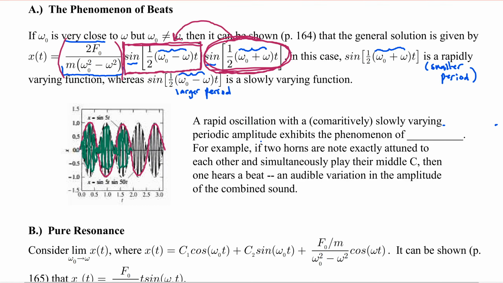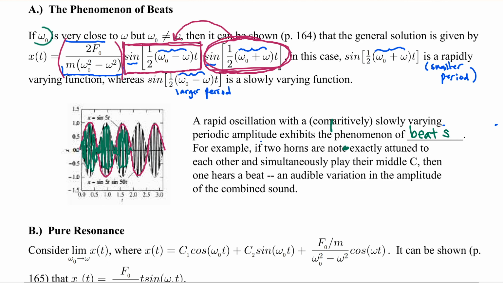Now, a rapid oscillation with a comparatively slowly varying periodic amplitude exhibits what we call the phenomenon of beats. The reason we call it beats is because it is related to music. For example, if two horns are not exactly attuned to each other and simultaneously play their middle C, then one hears a beat, an audible variation in the amplitude of the combined sound.